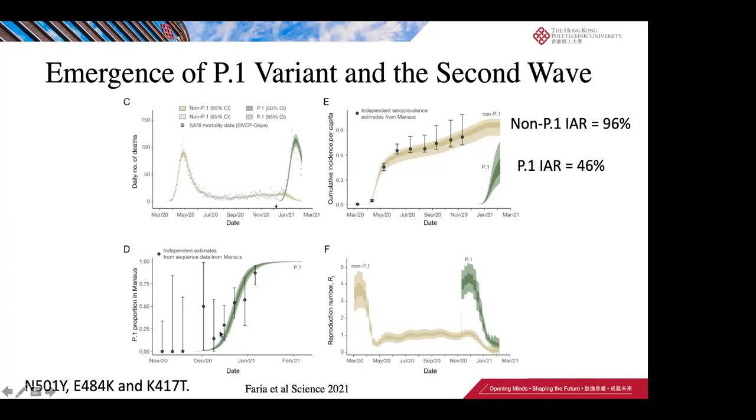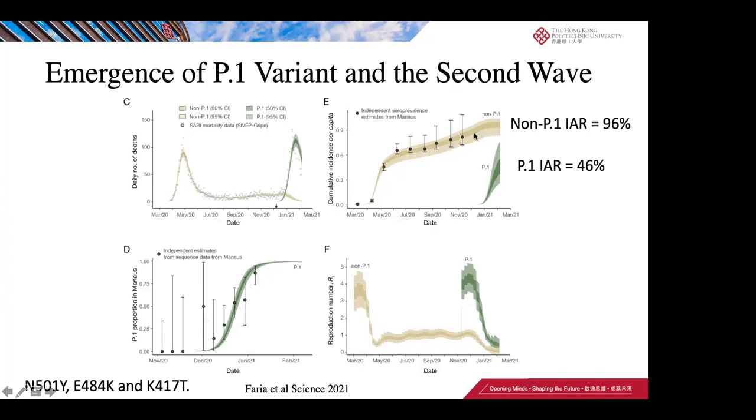This is the proportion. Obviously, this gamma variant must be more transmissible than the previous one, such that it can replace it. This is the proportion of the variant among all the samples sequenced, and this is their estimated attack rate. These dots are their blood donor data.